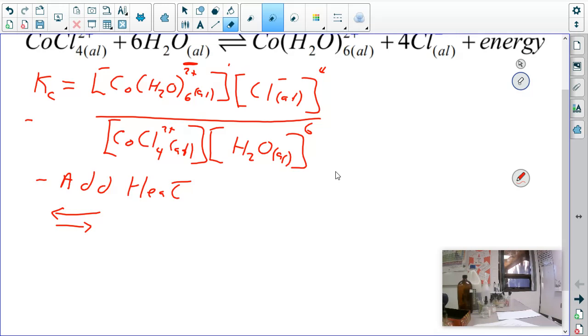It's going to shift to use up that heat. This will be a shift towards the reactants.